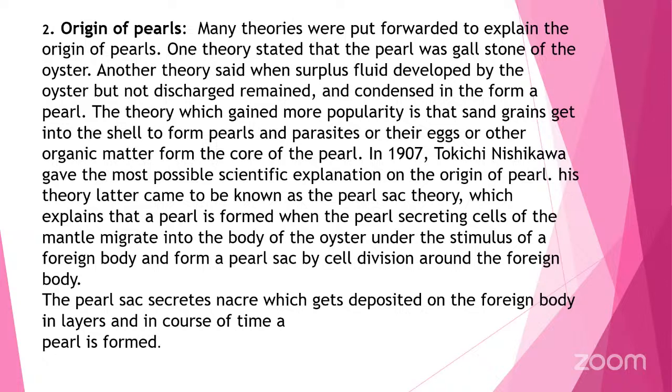His theory later came to be known as the pearl sac theory, which explains that a pearl is formed when the pearl secreting cells of the mantle migrate into the body of the oyster under the stimulus of a foreign body and form a pearl sac by cell division around the foreign body.